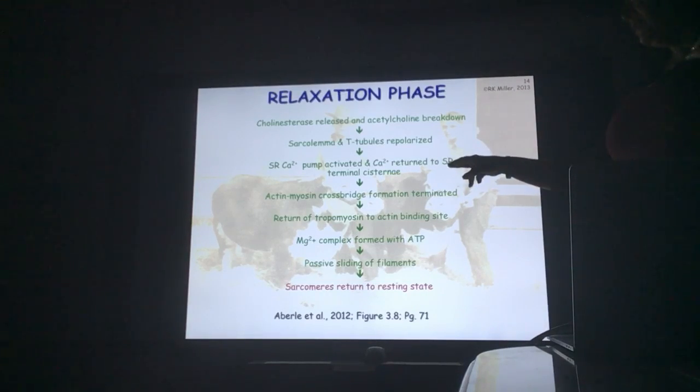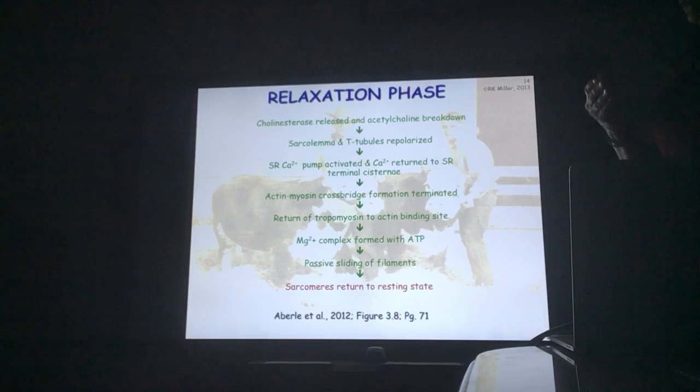The pump then returns calcium back to the terminal cisternae. So as we decrease the concentration of calcium in the sarcoplasm as it's taken back up, calcium comes off troponin.